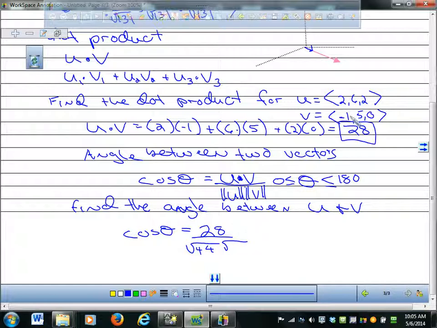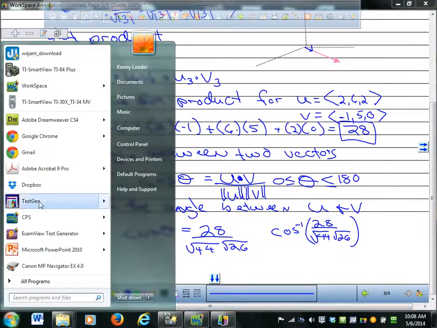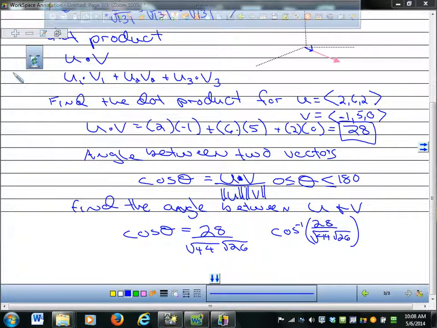And over here we got 1 plus 1 plus 25, 27. And so what I need to do is take the inverse cosine of that quantity. I didn't do this problem beforehand, so I'm going to do it right now. Let's get my graphing calculator out.